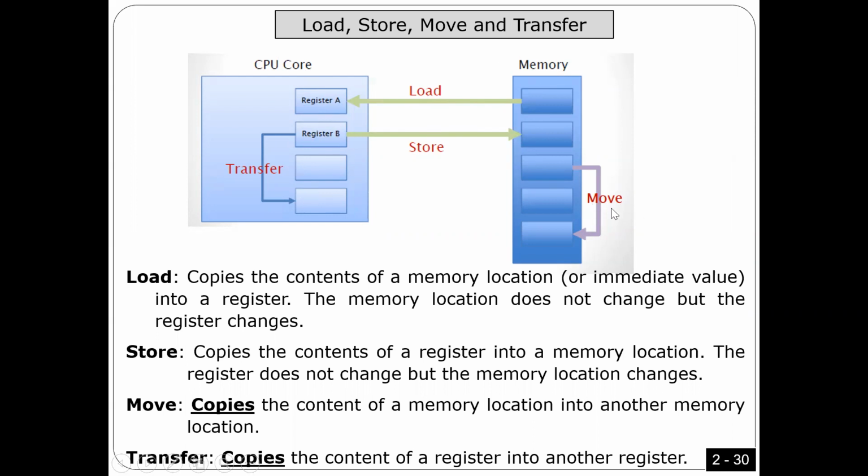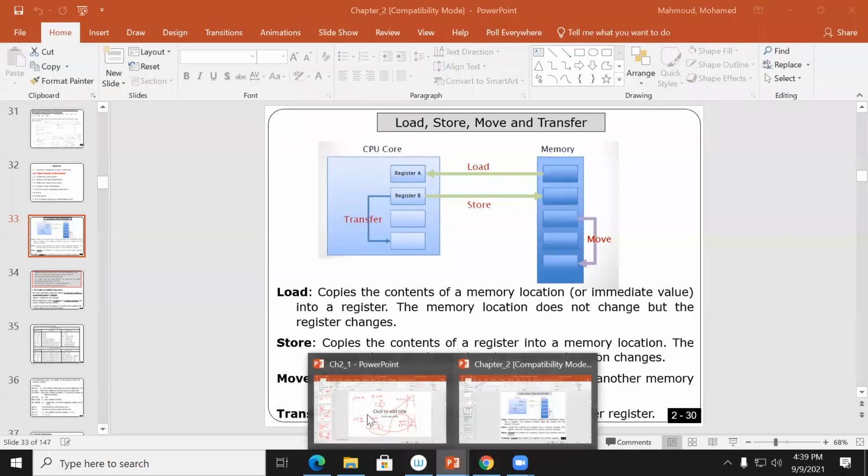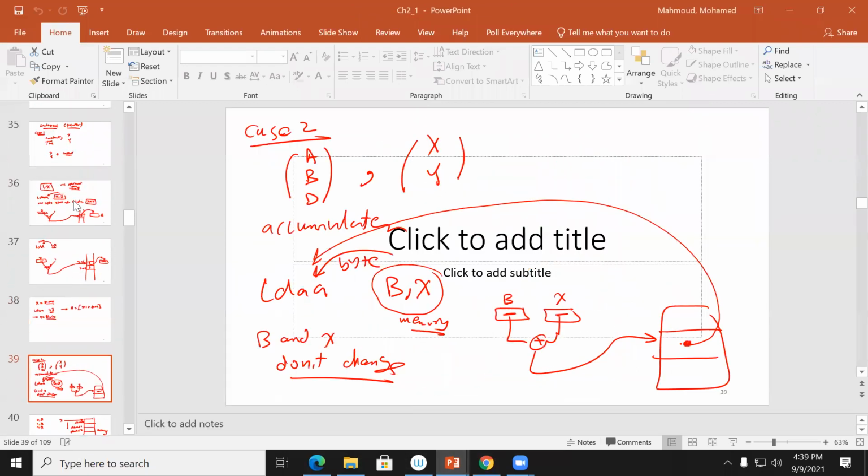Move is used if you want to copy a memory location to another memory location. It can be byte to byte, or word to word, as you will see right now. Also, we have an instruction we call transfer. Transfer is used if you want to copy register to register. I'm going to teach you these instructions. They are very easy, and I think I already used some of them before, so you are going to be somehow familiar.